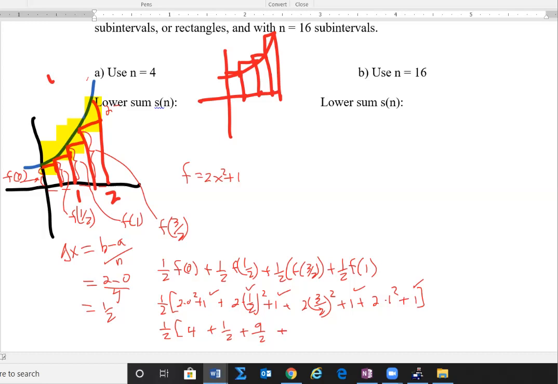And finally over here, we have just 2 times 1, which is a 2. So we'll have 4 and 2 is 6, and 9/2 plus 1/2 is 10 over 2, which is 5. So that's 11 over 2, which is 5.5.